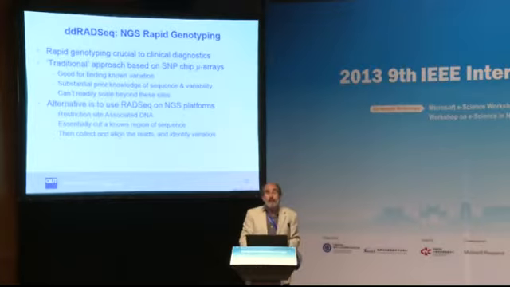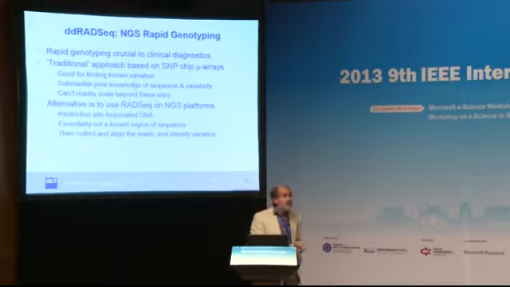So what I wanted to talk about today then was some of the applications which we're working on and which others are working on with this library, and some of the future directions in which it might head. I'm going to focus particularly on a thing called RAD-seq, which is about next-generation sequencing methods for rapid genotyping.